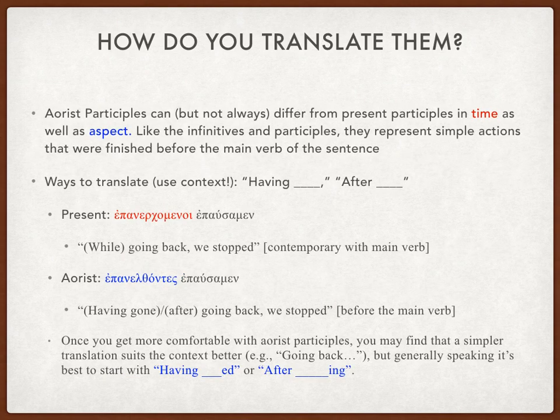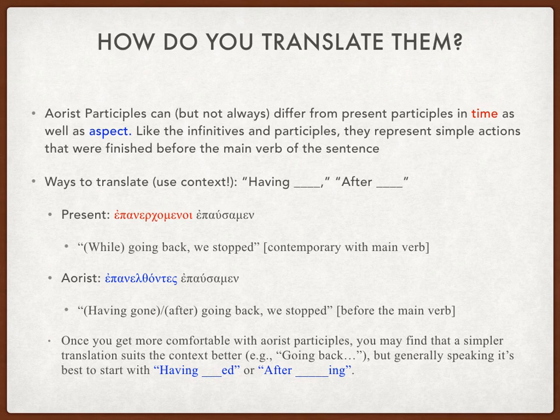When it comes to participles, there's an important principle that you'll want to remember, and this can be a little tricky to get across, but there's an easy way to translate aorist participles. First, the technical bit. Aorist participles can sometimes differ from participles in time, but more importantly, they're different in aspect, how complete they are.